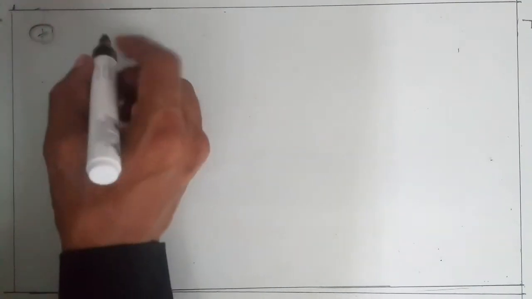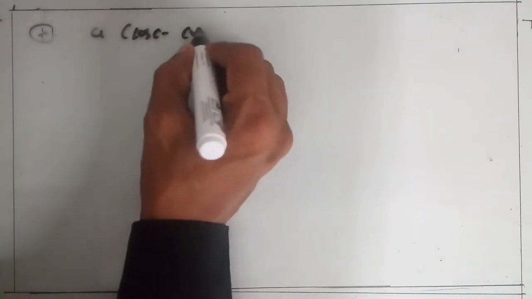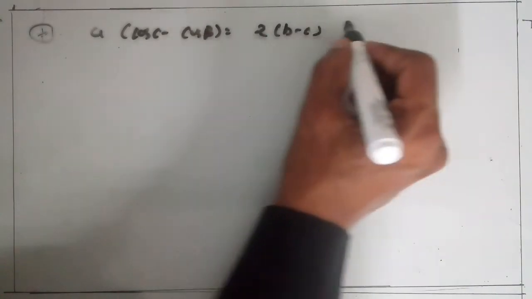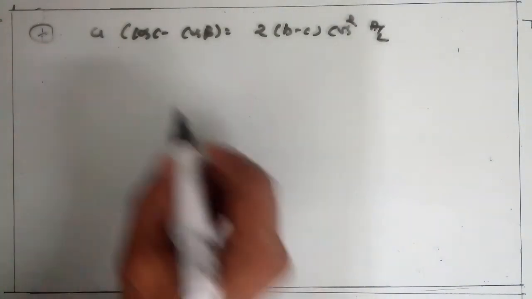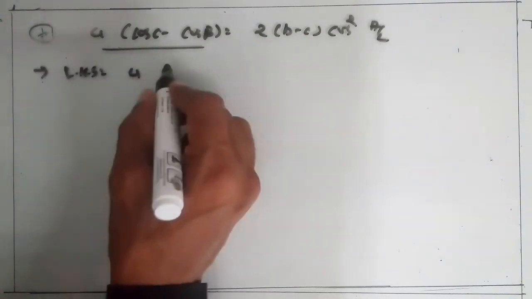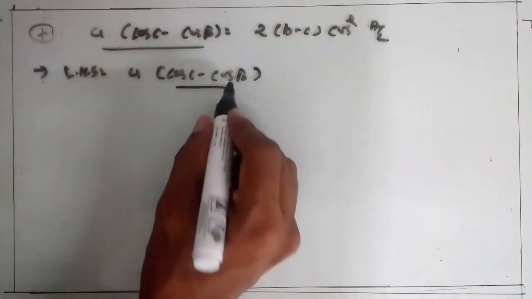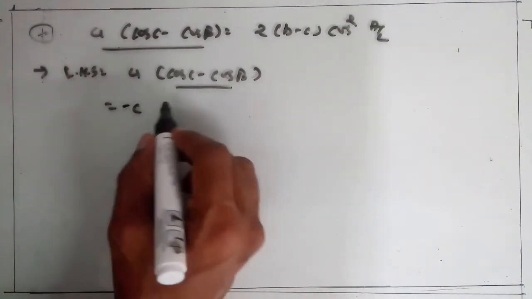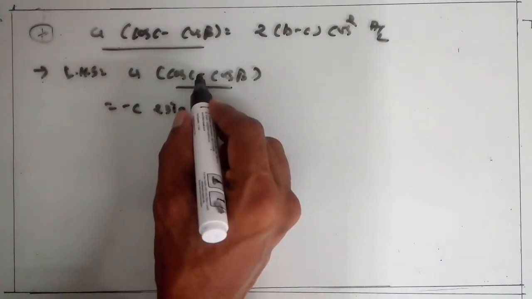Now question number 7. Prove that a into (cos C minus cos B) is equal to 2(b minus c) into cos square A by 2. Here we take the left hand side, LHS is equal to a (cos C minus cos B). Here apply the formula: you know that cos C minus cos B is equal to minus 2 sin into sin.